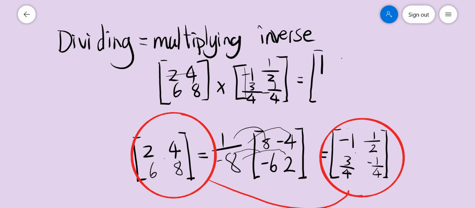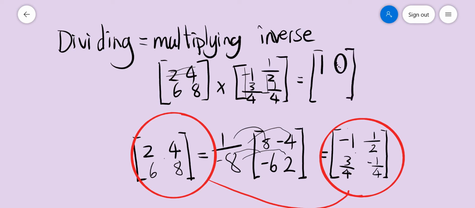Okay, the next number is first row, second column. First row: 2 times 1 over 2 is 1. 4 times minus 1 over 4 is minus 1. 1 minus 1 is 0.